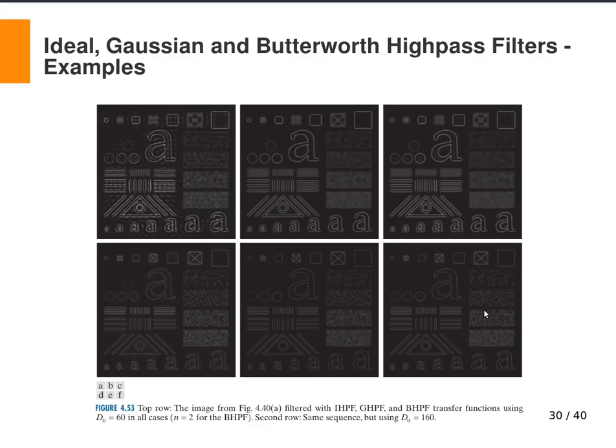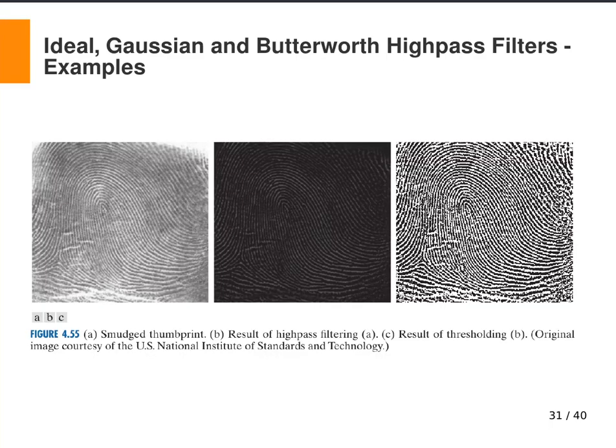The second row is basically the same sequence but with a higher value for the cutoff frequency. So what are some examples of using a high pass filter? One example is to enhance fingerprint images.